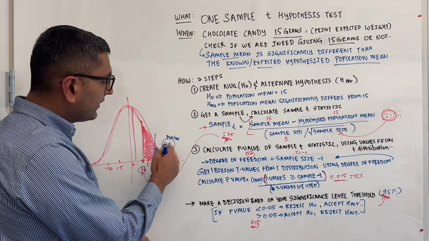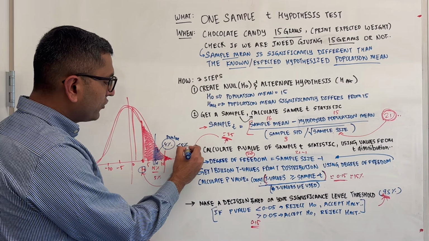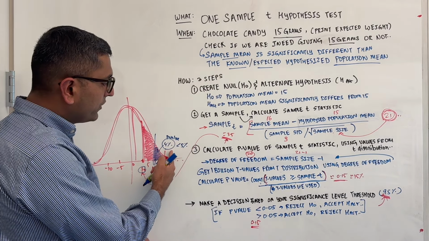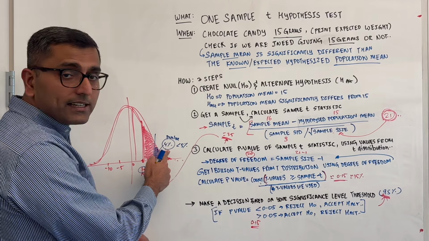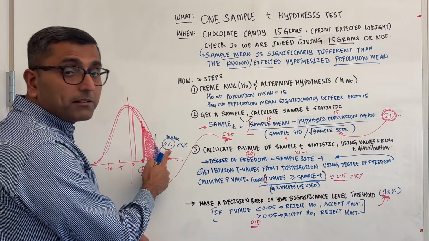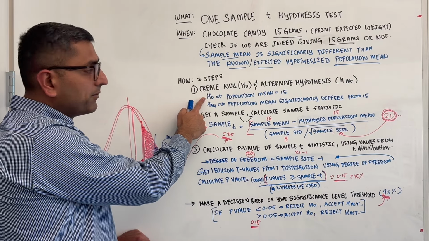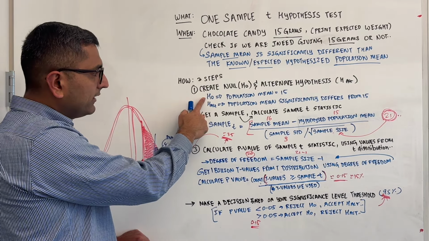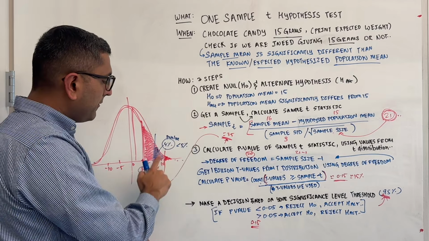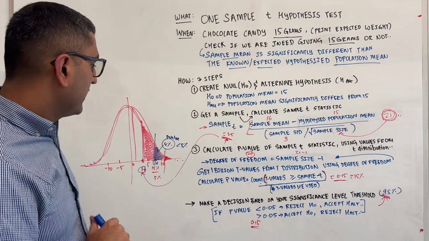This is because this is less than the 5% threshold that I have. Yeah, and so this is evidence against the null, or I need to reject my null hypothesis, meaning there is some problem. I'm no longer shipping chocolates that are 15 grams, and I need to look into it, right?